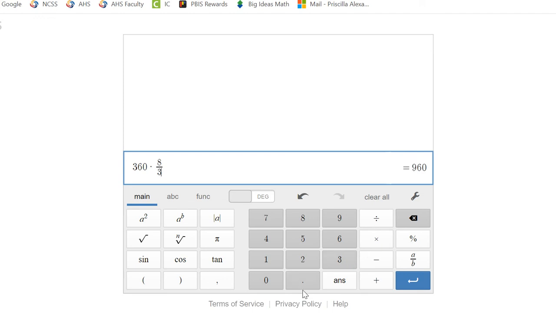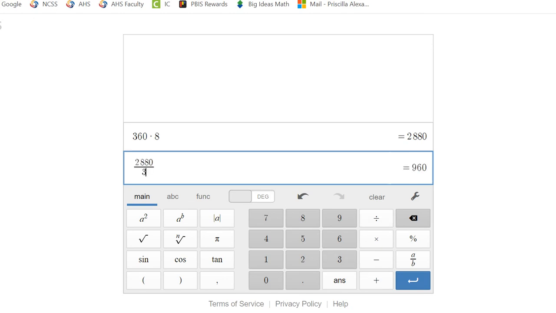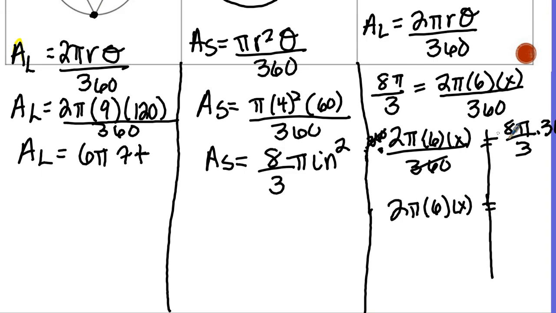So we get 360 times 8, which is 2,880. I'm going to divide that by the 3, so we get 960. I'm multiplying these and going ahead and dividing by 3, and since that breaks down perfectly, I get rid of that fraction too.